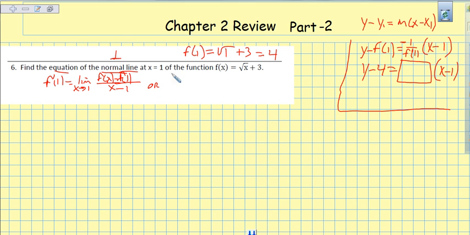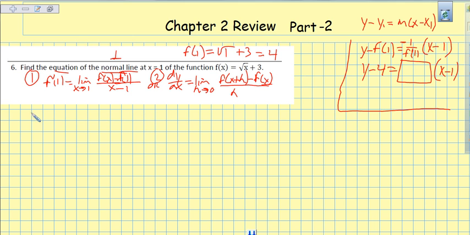Or we have a choice to find the derivative in terms of x in general, and that would equal the limit as h approaches 0 of f of x plus h minus f of x. And either way we'll get the right answer. If we use the second method, then we have to find the answer in terms of x and then plug in 1 to find the slope of the tangent line. So I think we'll use method 2.